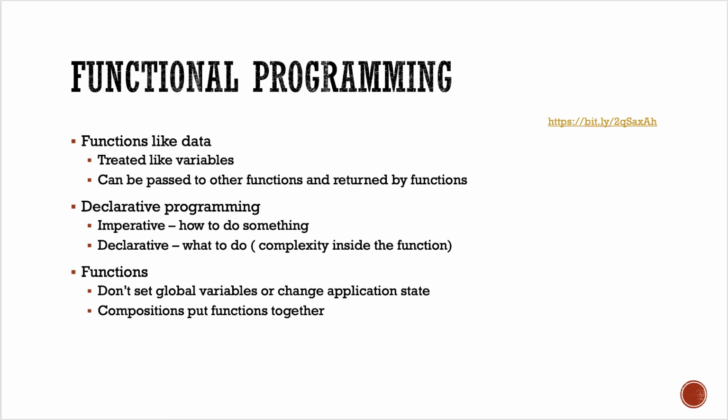Declarative programming, on the other hand, relies on functions that already exist, and uses those functions to tell the application what to do instead of how to do it. It relies on the complexity inside the function to accomplish that activity. Declarative programming is a better way to represent data flow through an application than imperative programming.